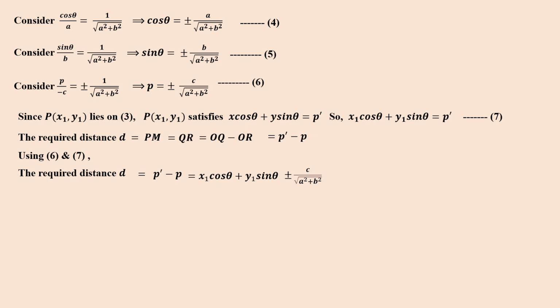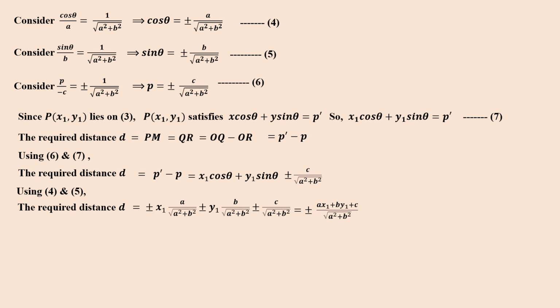So minus into plus is minus, minus into minus is plus, so you get plus or minus C by root of A square plus B square. Using 4 and 5, the required distance is equal to plus or minus x1 into A by root of A square plus B square plus y1 B by root of A square plus B square plus or minus C by root of A square plus B square.